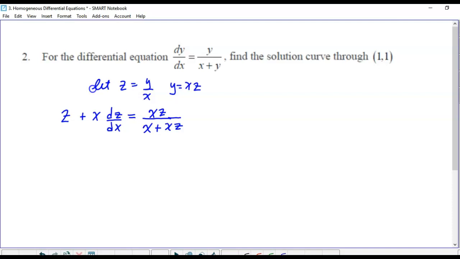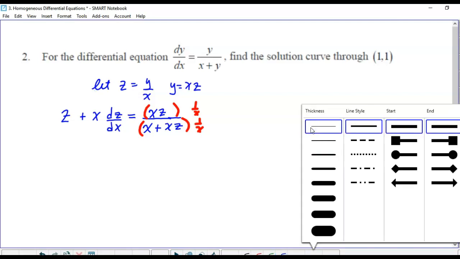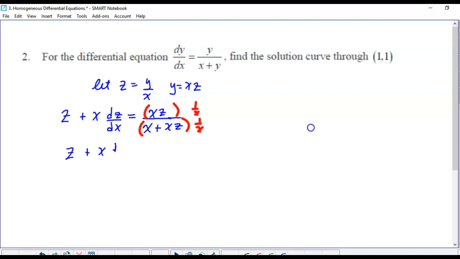Okay, and then notice here, if we multiply through by 1 over x, we get z over 1 plus z. And so now let's get the z's together. Common denominator.